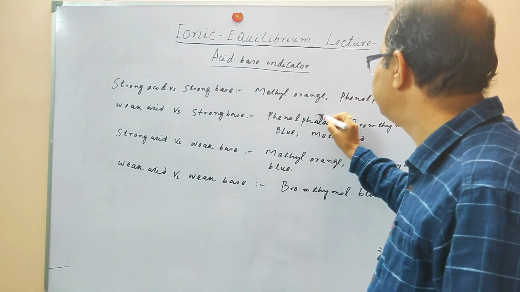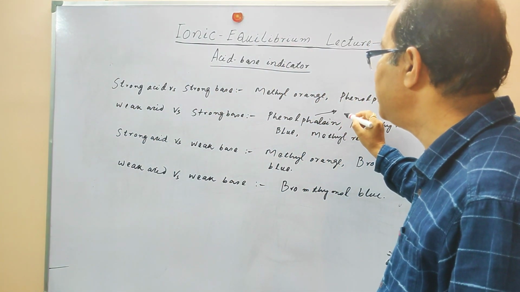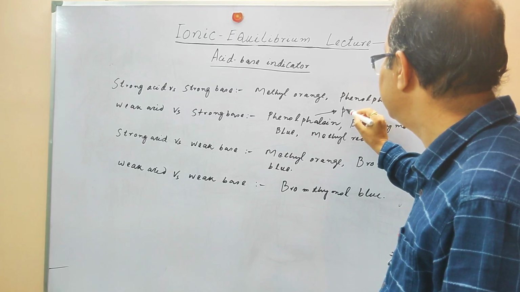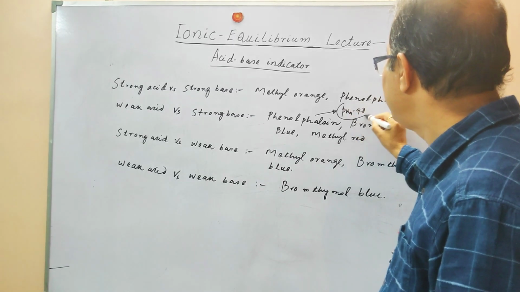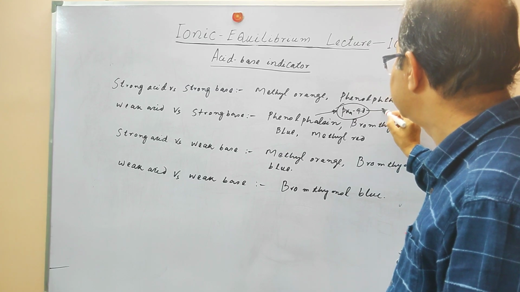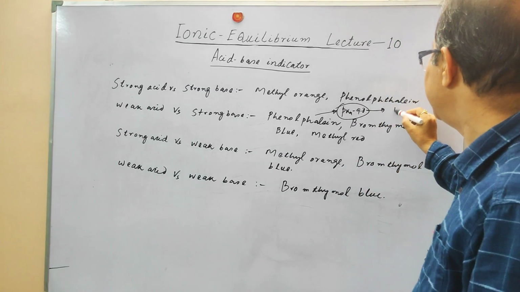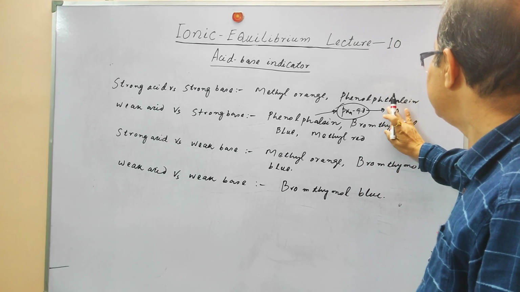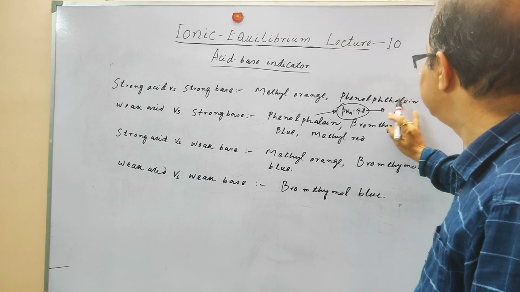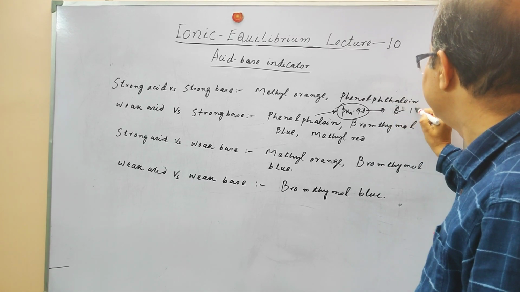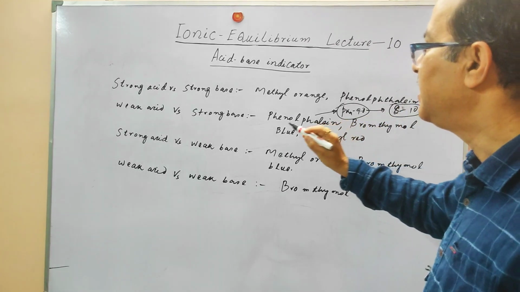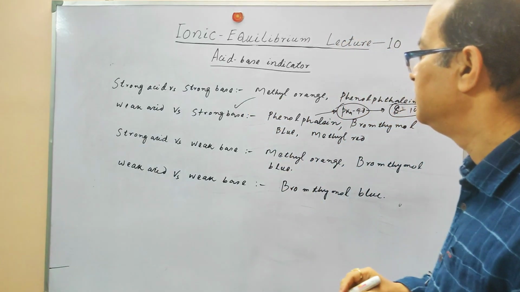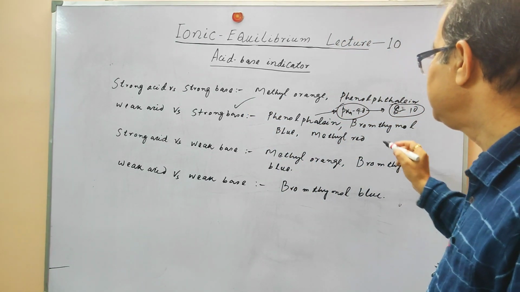We have already discussed that its pK value is 9 point something, and its pH range will be 8 to 10. So we must use it for strong base and weak acid.